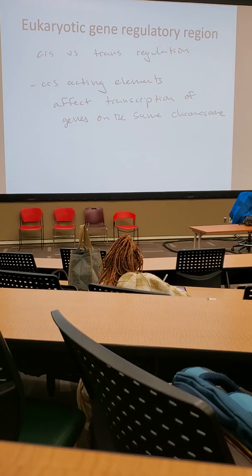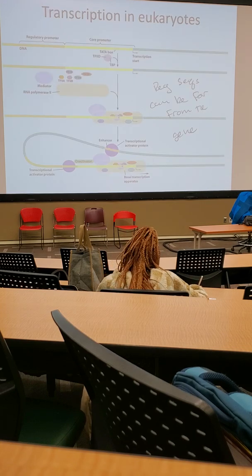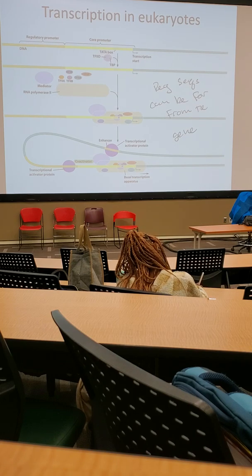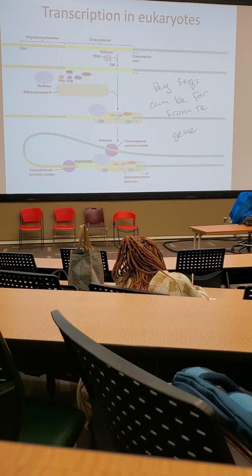In bacteria, they're really close. They're usually part of the promoter sequence or the operon. But in eukaryotes, it's not the same. We have this regulatory promoter that's really far away from the transcription start site that interacts through the bending action. But that would be a cis-acting factor. It's only going to affect the genes on the same chromosome, even though it's not physically close.